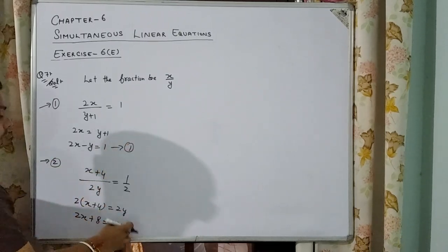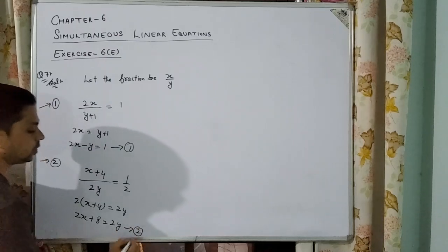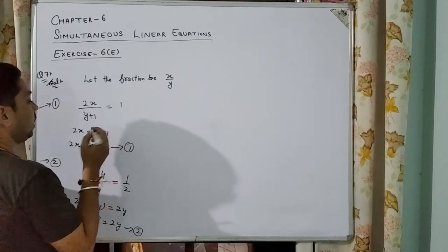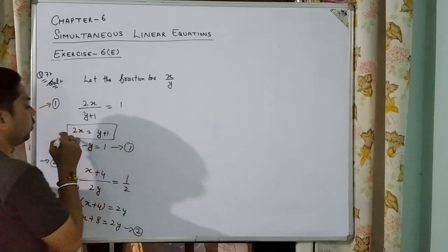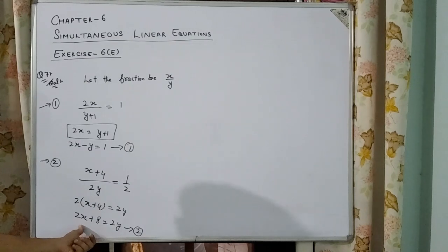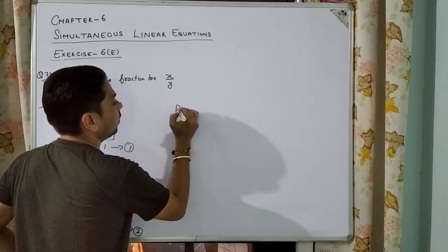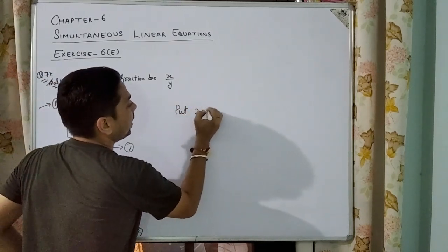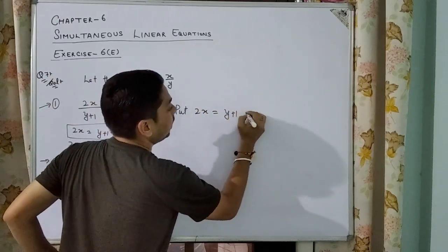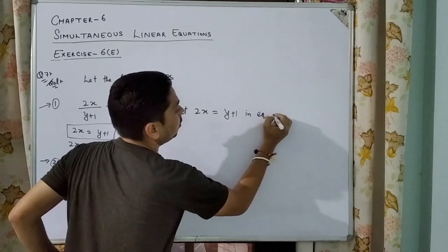Now solving these two equations, equation 1 and 2, you can directly put the value of 2x in this given equation. Put 2x is equal to y plus 1 in equation 2.